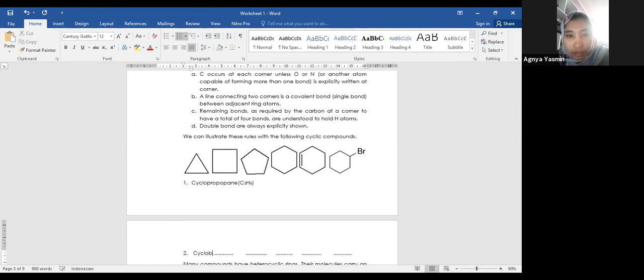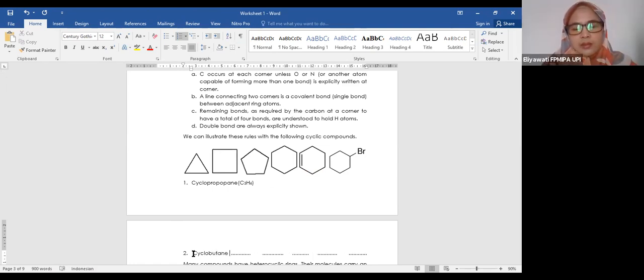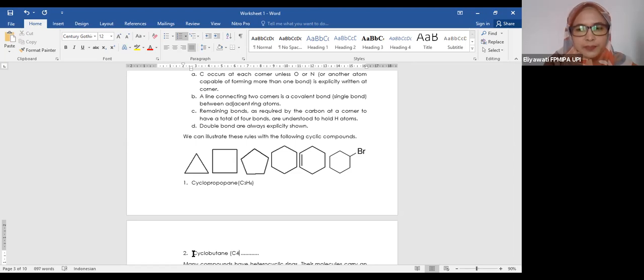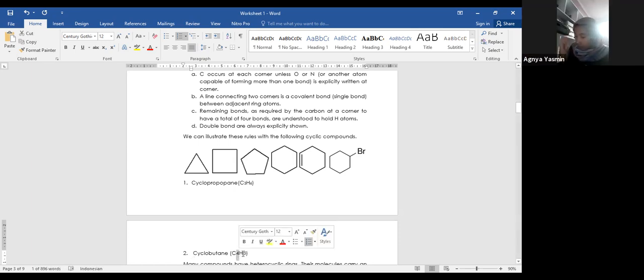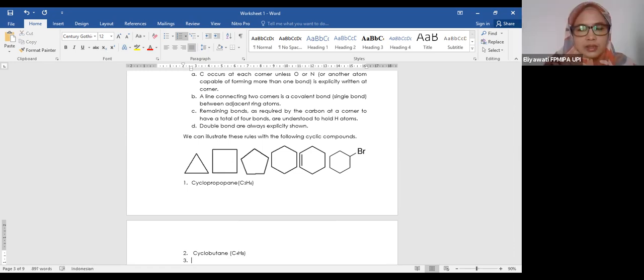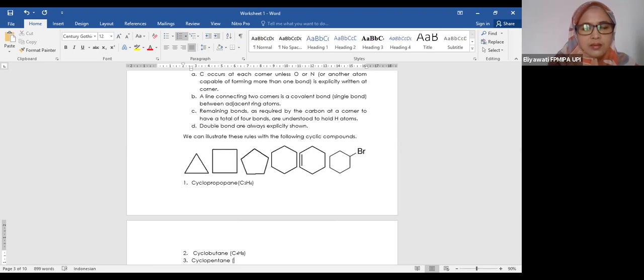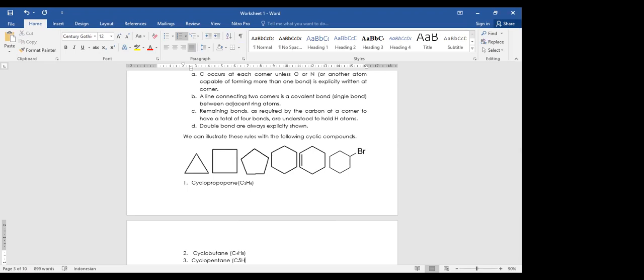The second one, cyclobutane. So what's the chemical formula? C4H8. Next, cyclopentane, C5H10.